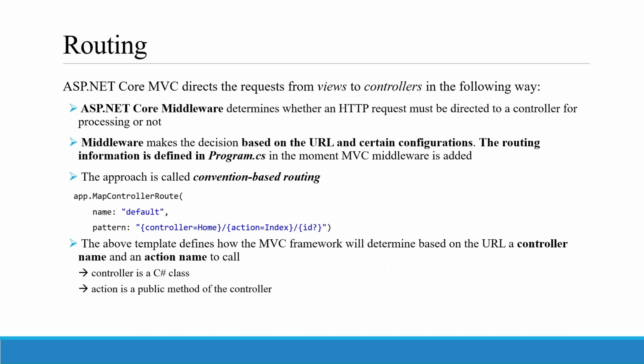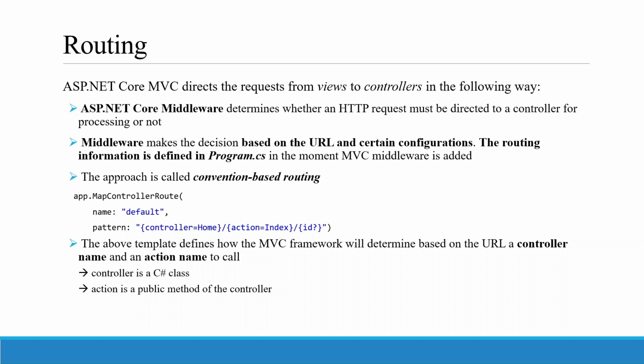The second part represents the action to which the request will be directed. And the last part is optional and represents an ID. We can send an ID to the action. Remember that the controller is basically a C# class, while the action is a public method of the controller. So basically it's a method in a class.